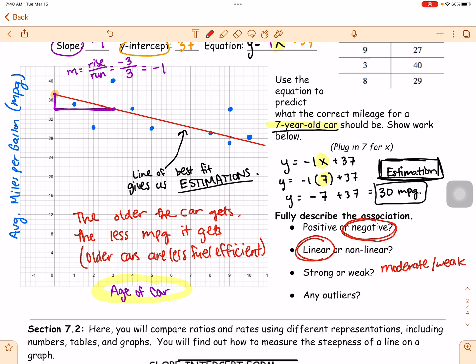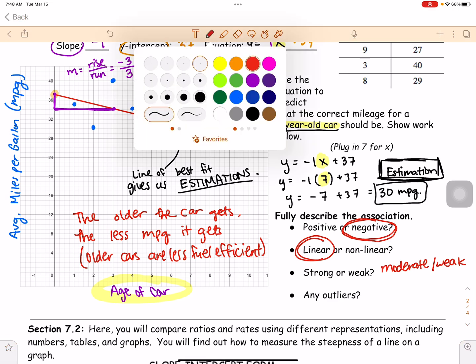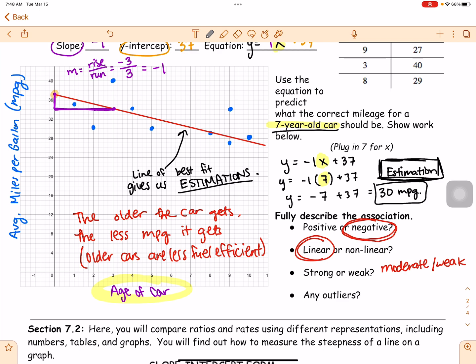If we had something way down here, like a newer car getting 16 miles per gallon, then that would be an outlier for sure. Or if we had a super duper old car up here that gets really high miles per gallon, that would be an outlier. But here I would say there's no outliers. Okay, so pause the video if you need to, make sure you get all that down.